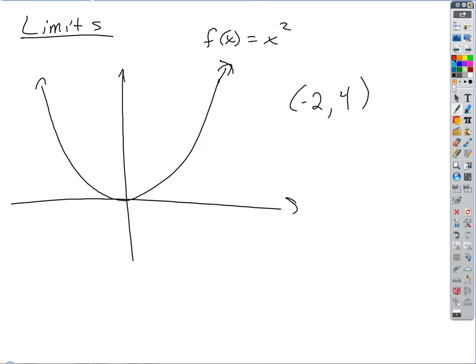Because as that ant walks along the function, let's just say that's -2, this isn't drawn to scale, and it doesn't matter what's actually there, right? As the ant walks along the function, he senses that his y values are getting bigger and bigger and approaching that value, right? And so he's going to say, well, that's logical.